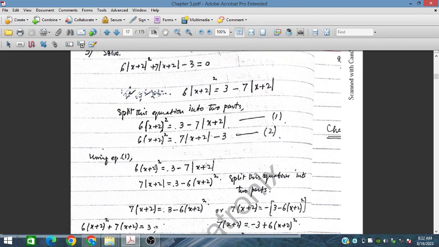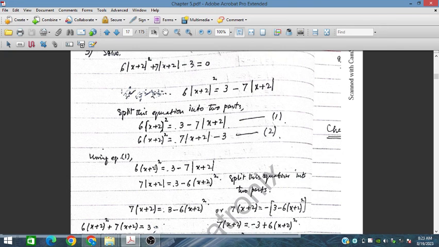We shift this to the other side, with non-modulus values on one side and the modulus on the left hand side. So this is 7 modulus of (x plus 2). We just rearrange it and we have this value.